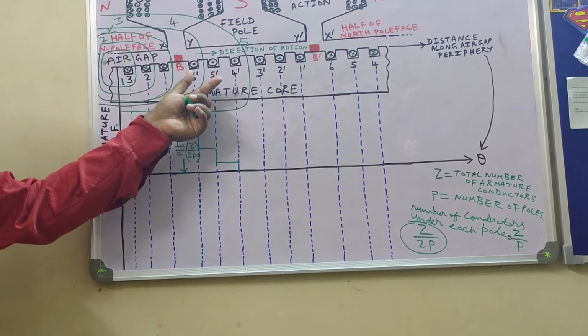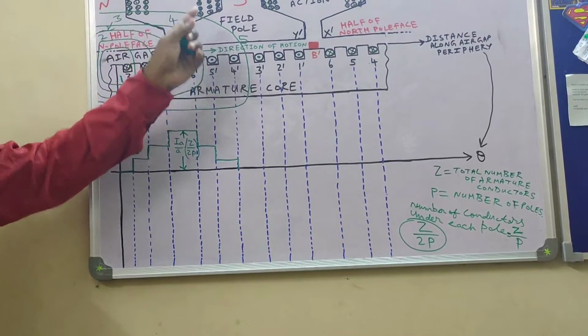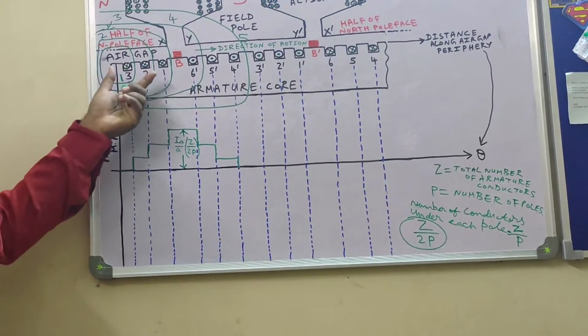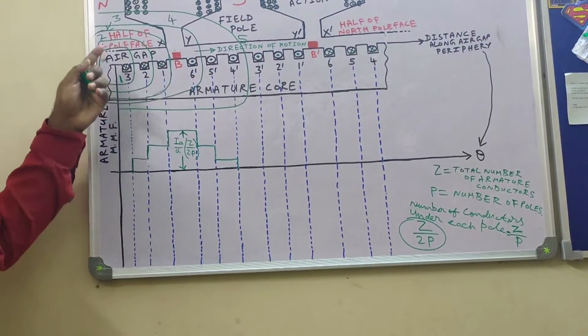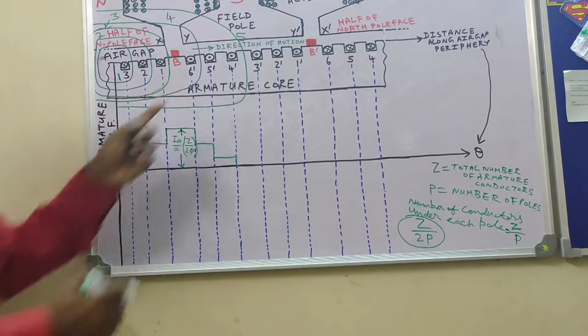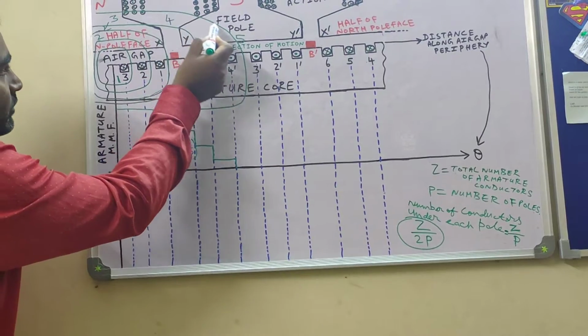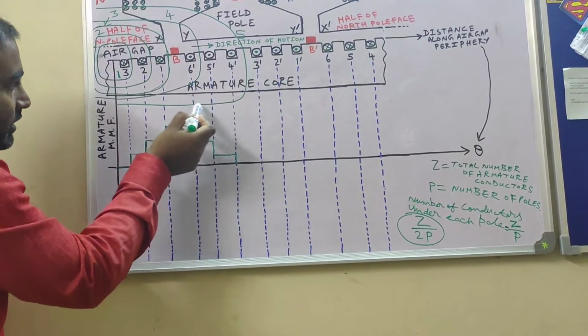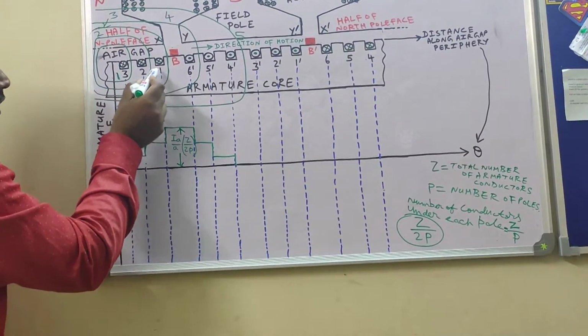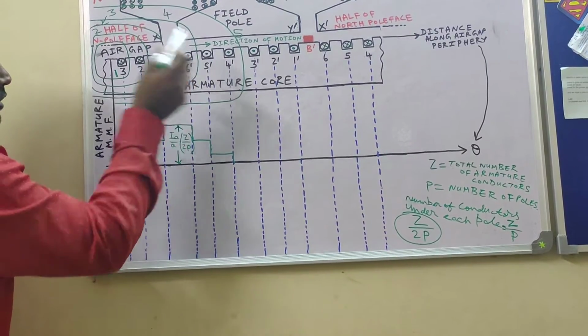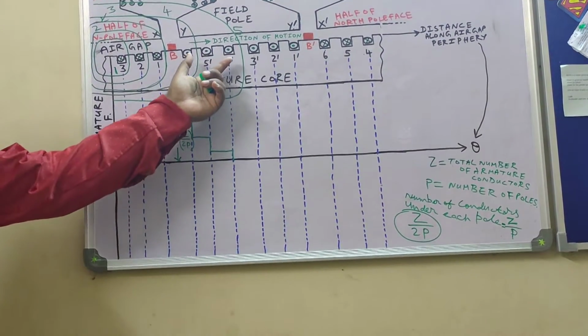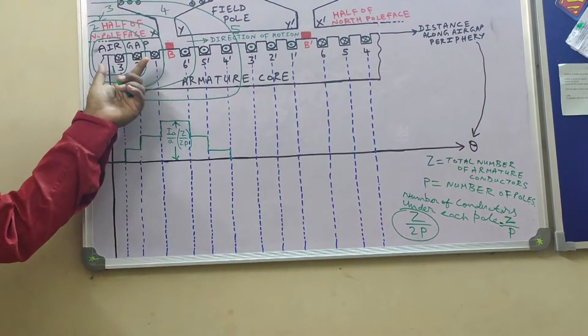So 6 slots are enclosed by path number 5. What do you see? 3 dot currents and 3 cross currents.